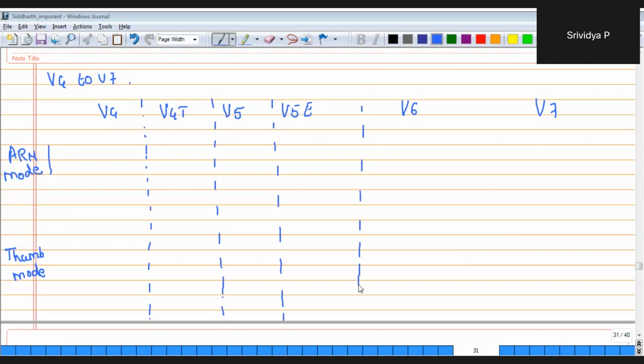Let's see the changes in all these versions. When the ARM processor was introduced, it was with 32-bit instructions. In V4 also, the same instruction set continued. But when it went to version 5, there was a slight improvement in the instruction set. In version 5E, they introduced enhanced DSP instructions.